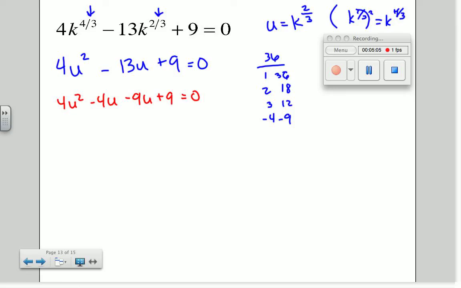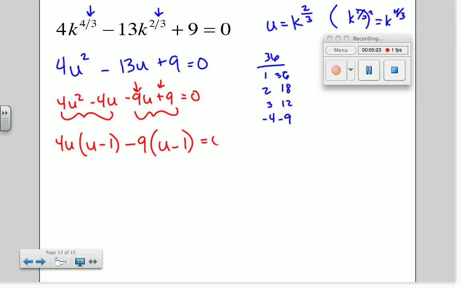Out of the first two, I can take out 4u. I'm left with u minus 1. Out of the second two, I need to take out a negative 9 so that this is positive, and that becomes u, this changes sign to negative 1 equals 0. So my two factors are 4u minus 9 and u minus 1 equals 0.